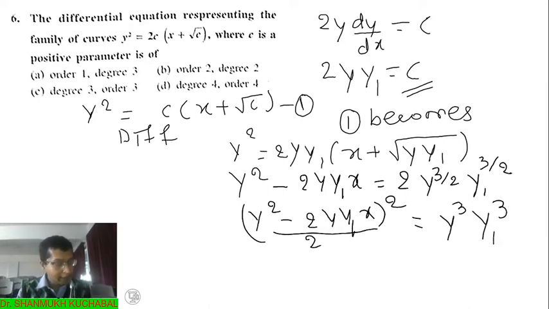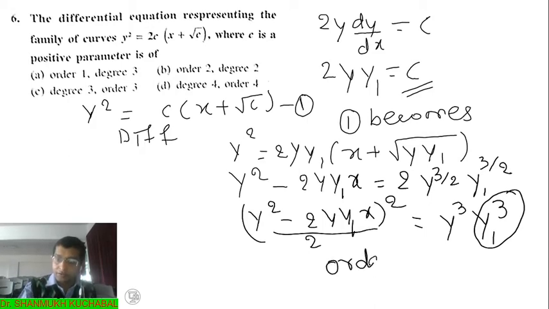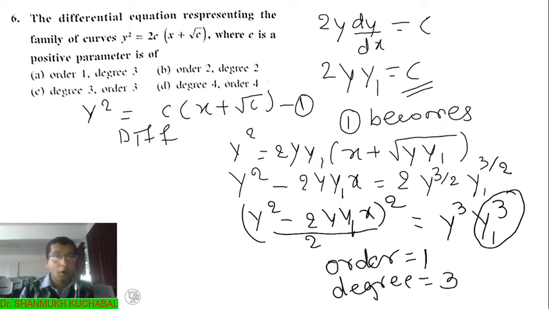So y1 is the highest order, so the order is first order. Y1 is first order, y2 is second order, like that, and its degree we observe is 3. Therefore option A, order is 1, degree is 3, is the right answer.